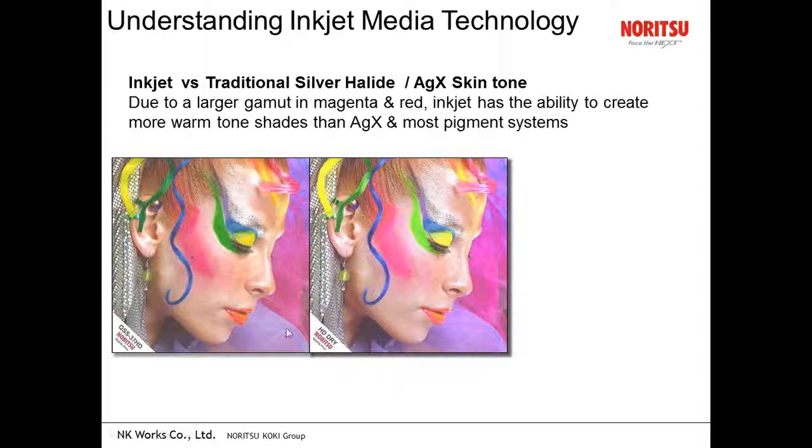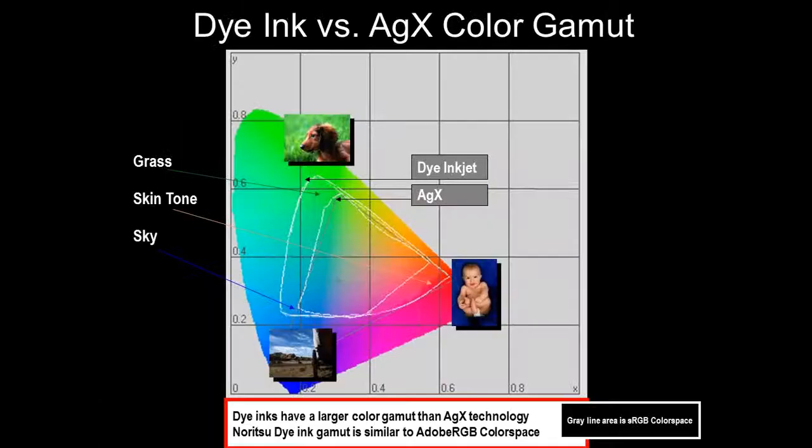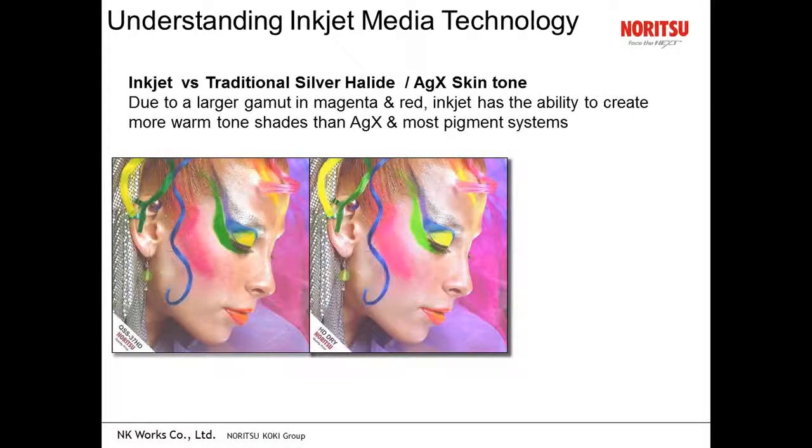However, what also occurs is it is going to provide the colors that are on the file for green, magenta, red, etc. So when you look at the greens, when you look at the magentas, you will see a completely different shade in the inkjet gamut versus the silver halide gamut. The inkjet is not creating an imaginary shade. It is doing the shade that the file is telling it.